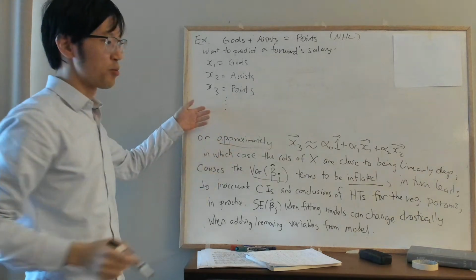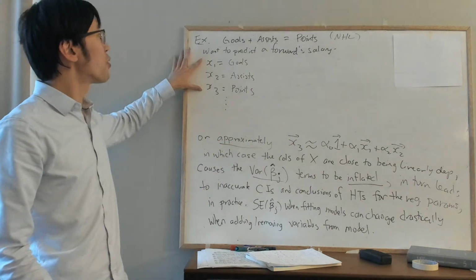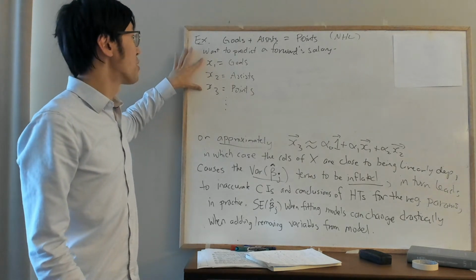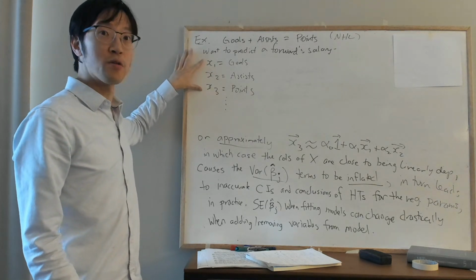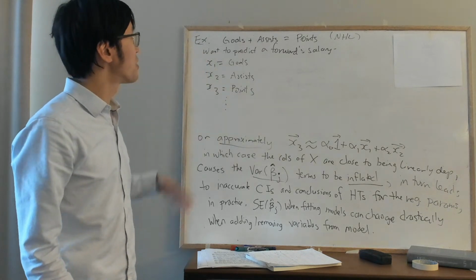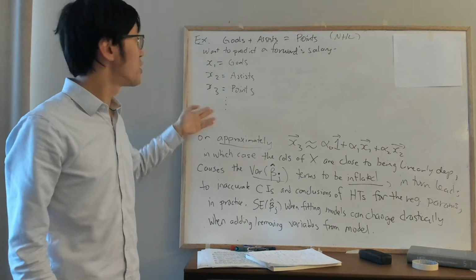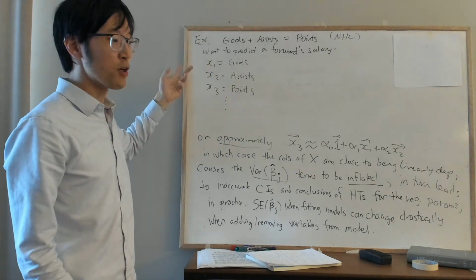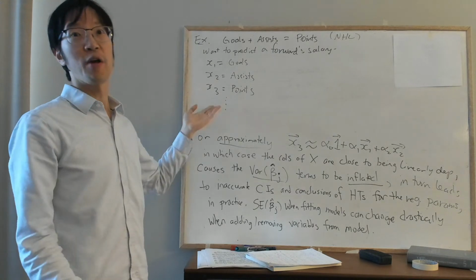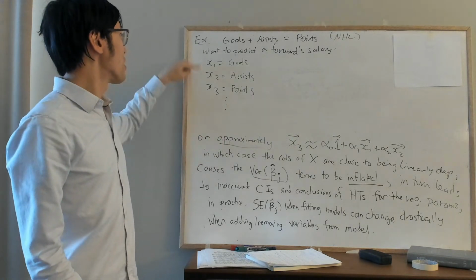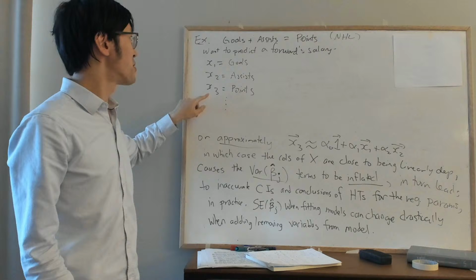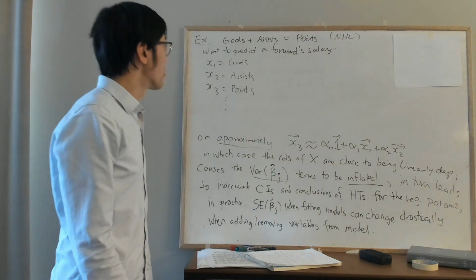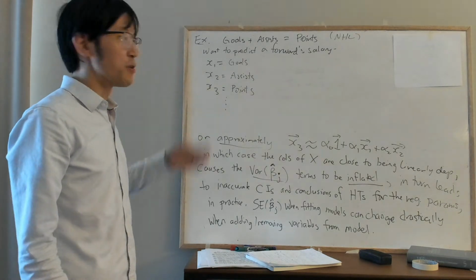As soon as I put all three into the matrix of x's that I use to fit the model, I'm going to run into multicollinearity, because x3 is equal to x1 plus x2. For every player in my data set, the column of x3 is always exactly equal to x1 plus x2, and so we would not be able to fit the model.